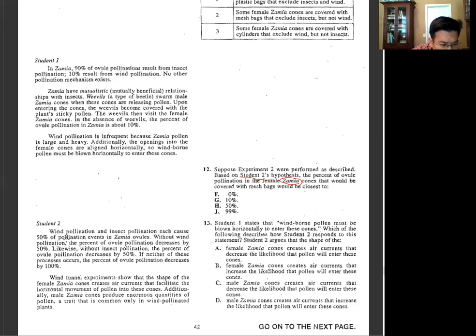So it says activity through wind pollen caused 50% pollination of Zamia ovules. Without wind, the percent decreased by 50%. Likewise, without insect pollination, the percent of ovule pollination decreased by 50%. Okay, so it says 50%, so it's H.